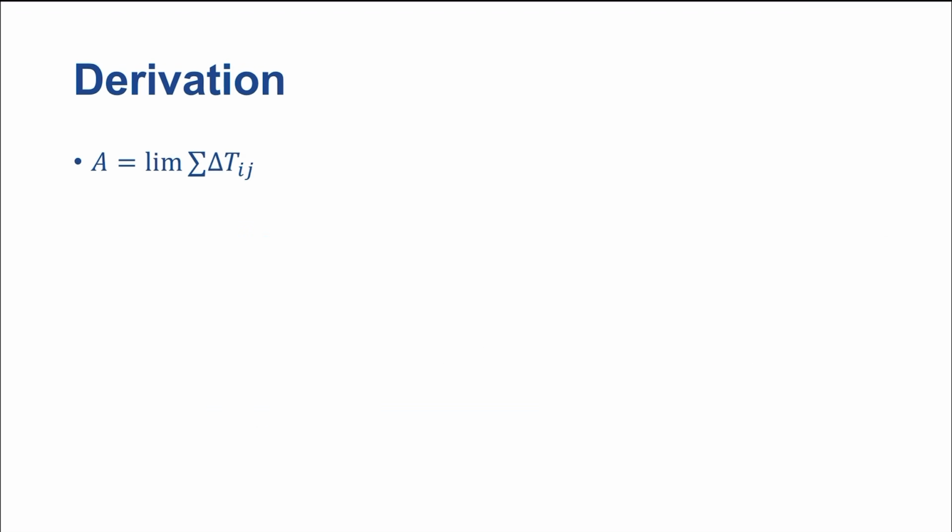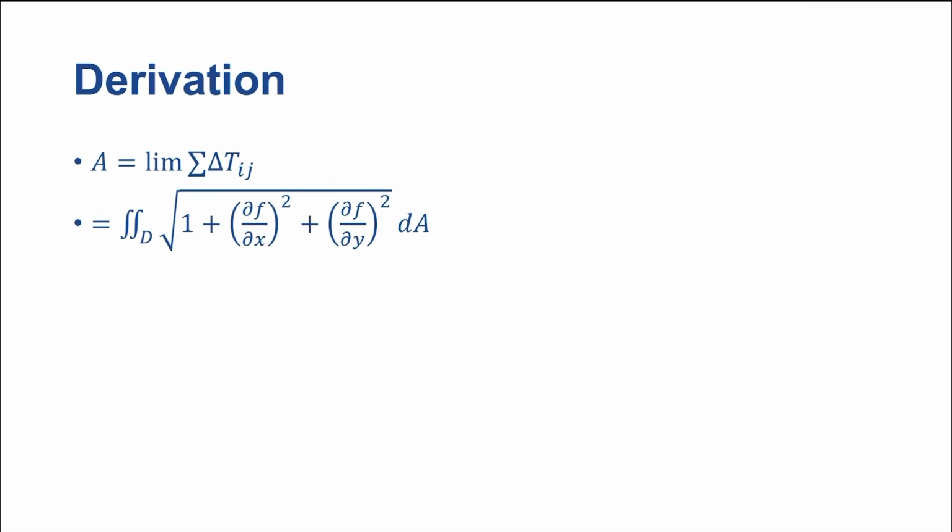So if A, the surface area, is defined as the limit of the sum of delta T_ij, then that means it's also equal to the integral over the domain, whatever domain I want to find the surface area under. If I have a domain like this, and that's mapped to some surface like this, then I want to find this surface area over this domain, which is hopefully parameterized either polarly or rectangularly.